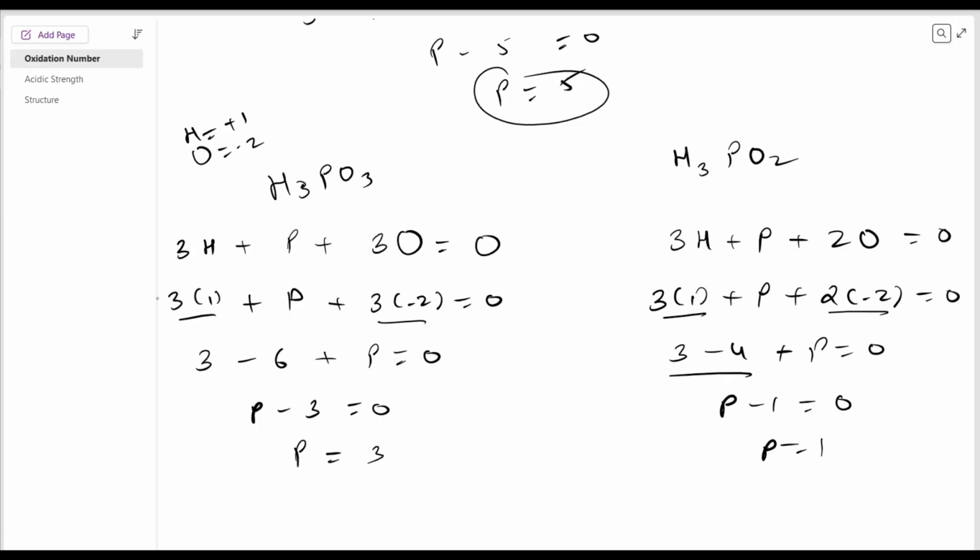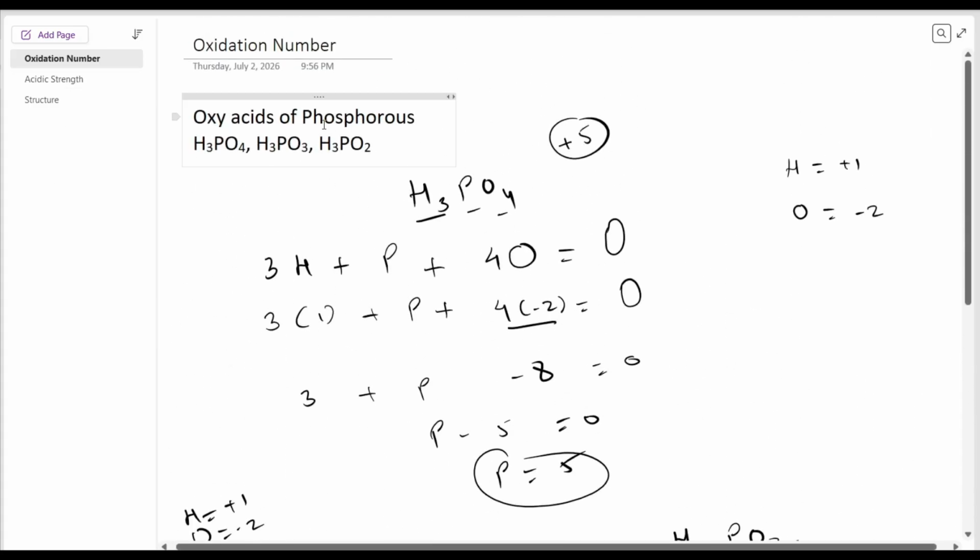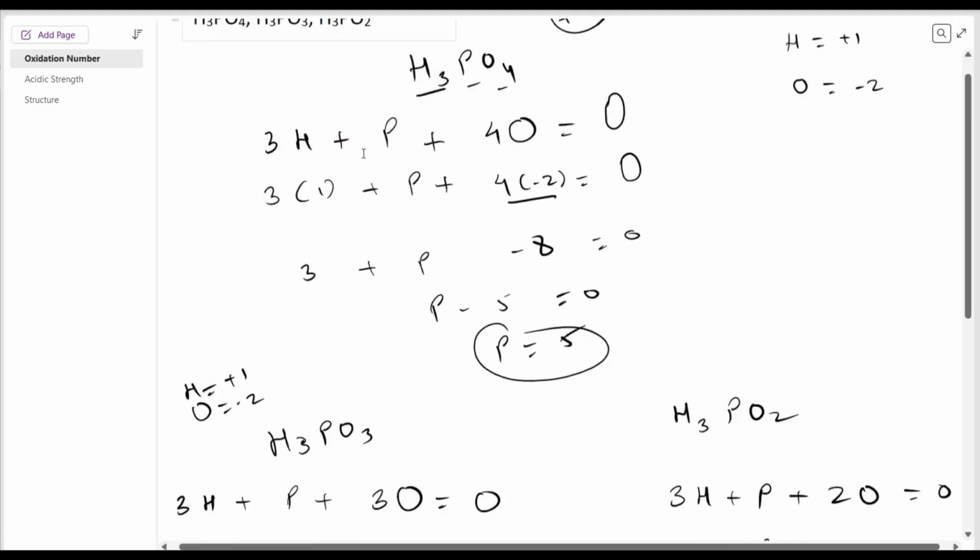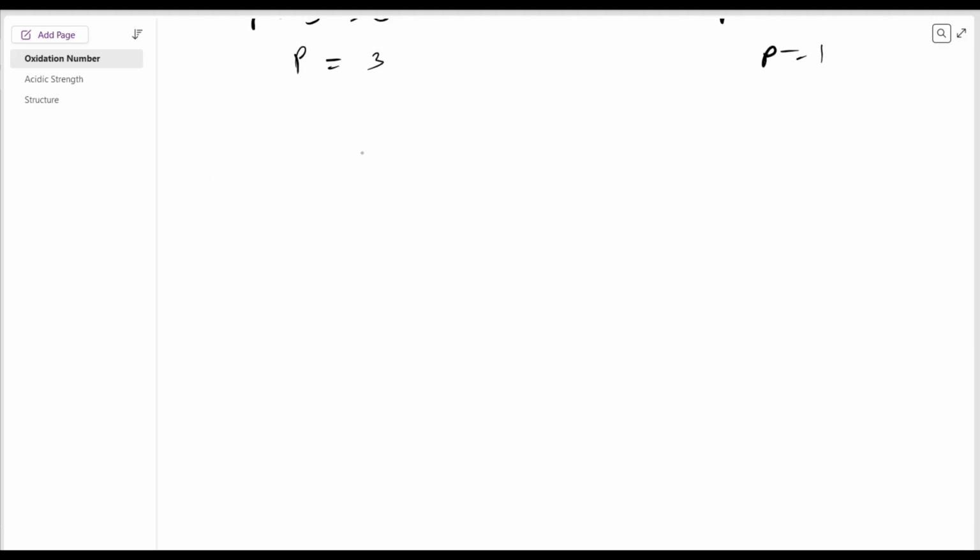So we have oxidation numbers 5, 3 and 1 respectively for these acids. We have phosphoric acid, which is H3PO4, phosphorus acid, and hypophosphorus acid. This is how the names come. H3PO4 is called phosphoric acid.